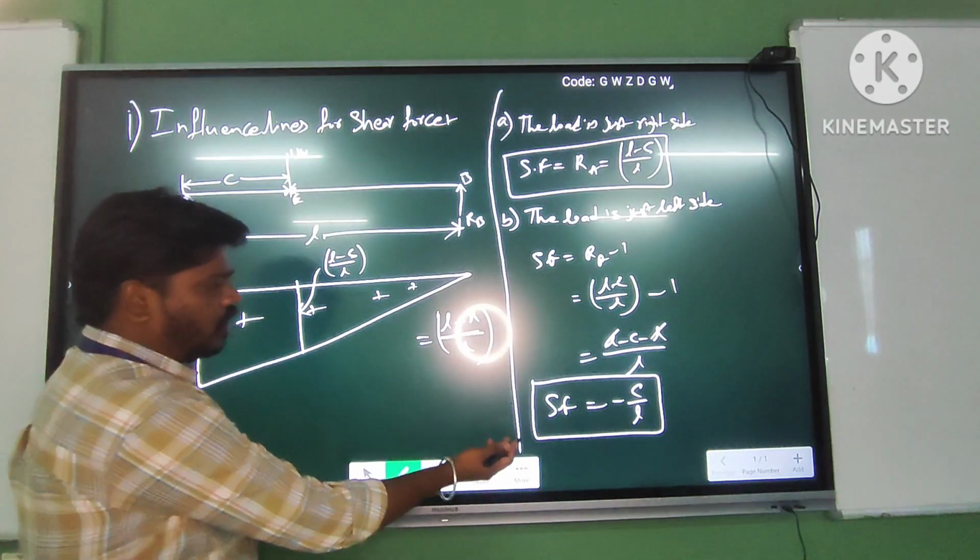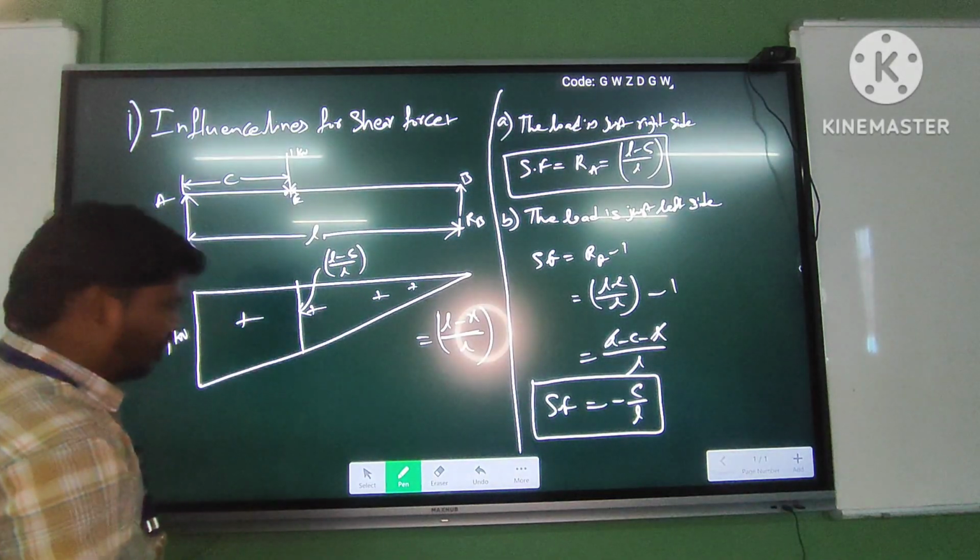Now we will show these intensities on the diagram.